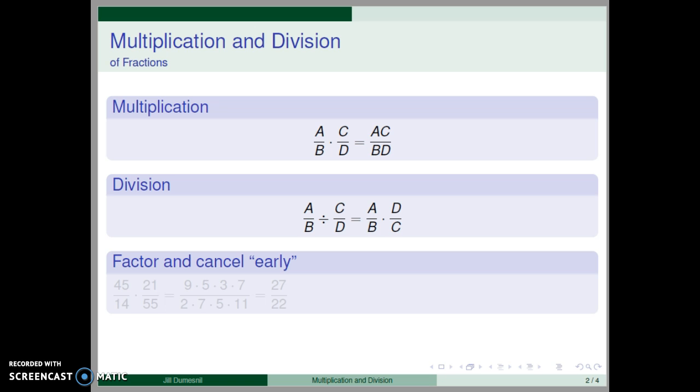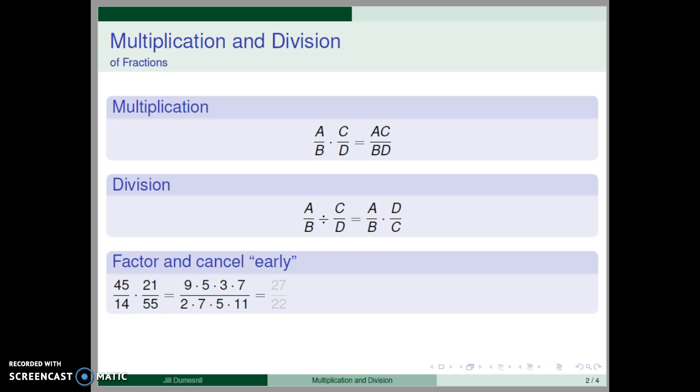In working specific examples, remember that it is helpful to factor and cancel early in the process. To multiply 45 over 14 by 21 over 55, we will symbolically multiply the numerators and denominators in factored form. In the numerator, we write 45 equals 9 times 5, and write 21 equals 3 times 7.